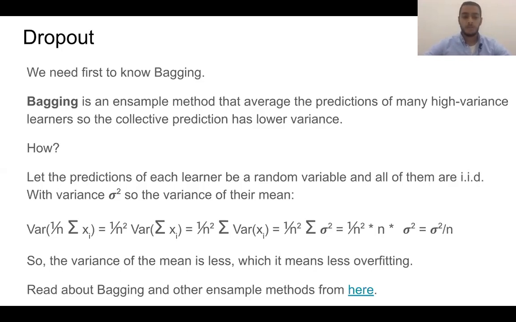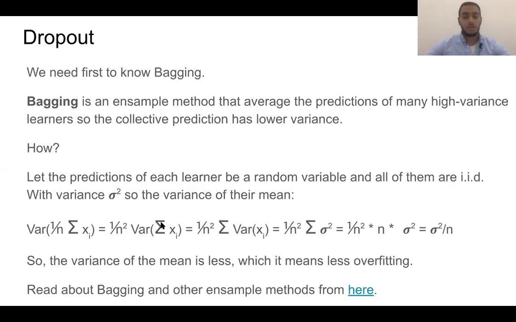So the variance of their mean will be something like this: variance of 1 over n, summation of xi. xi is the prediction of learner i. Then we take out the constant from the variance with squared. This is something very relevant to the statistics course. So it will be 1 over n squared, variance of the summation of xi.